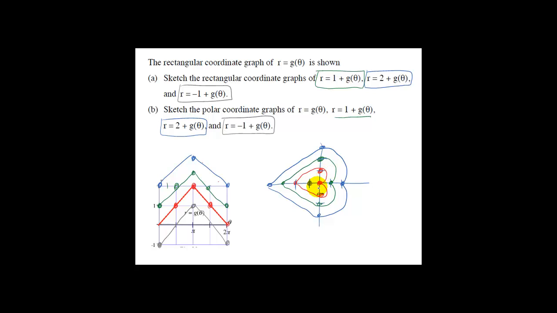So remember, as we go from negative 1 to 0, we were over here doing angles in quadrant 1, this first piece here, but we're doing this negative radius, so we end up being over here in quadrant 3.